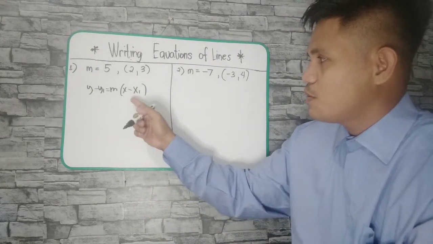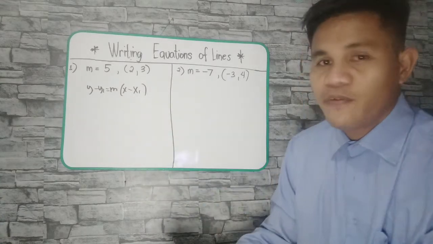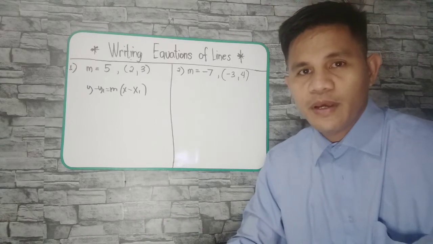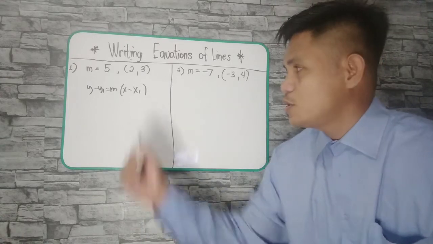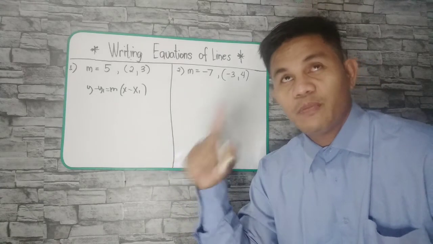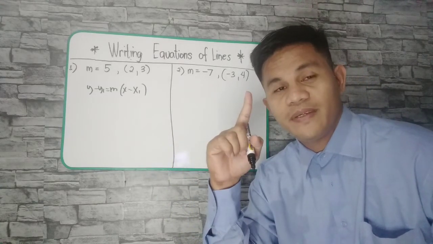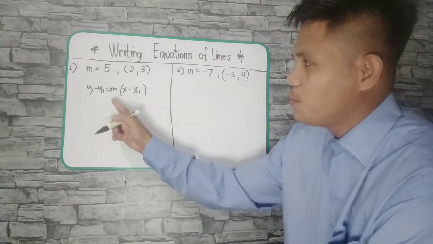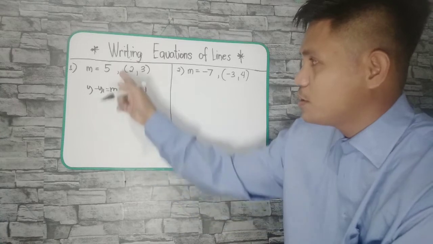This formula was already used in the first lesson, in the first video. If you're not familiar with the first lesson, I'll be putting the link below, or you can simply click the link above here. So going back to our problem, this will be the formula that we are going to use.